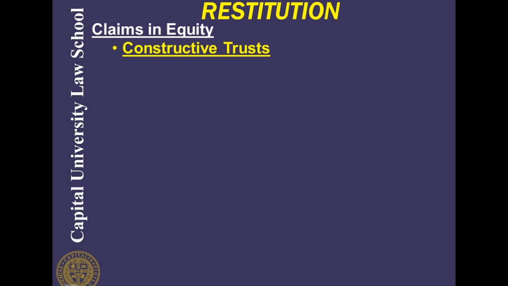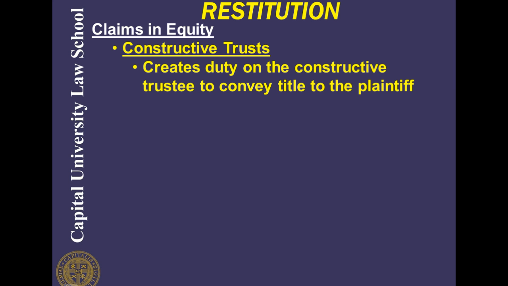Now let's talk about constructive trust for a minute. Constructive trusts create a duty on the constructive trustee, which is usually the defendant, to convey title to the plaintiff. It is again a legal fiction, because the defendant really isn't a trustee, but what it does is it gives the plaintiff equitable title in the property, and in many instances it operates automatically.